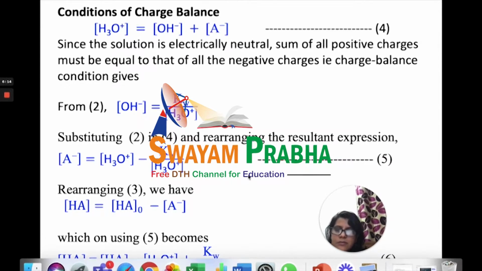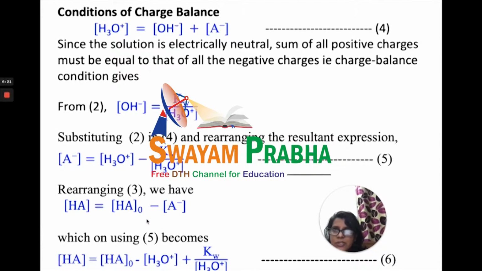Now let us recall our third expression, which was that for mass balance. What was the mass balance expression? That HA naught is equal to HA plus A minus. So HA, the concentration of the undissociated acid, is equal to the total concentration of the acid minus the dissociated form.